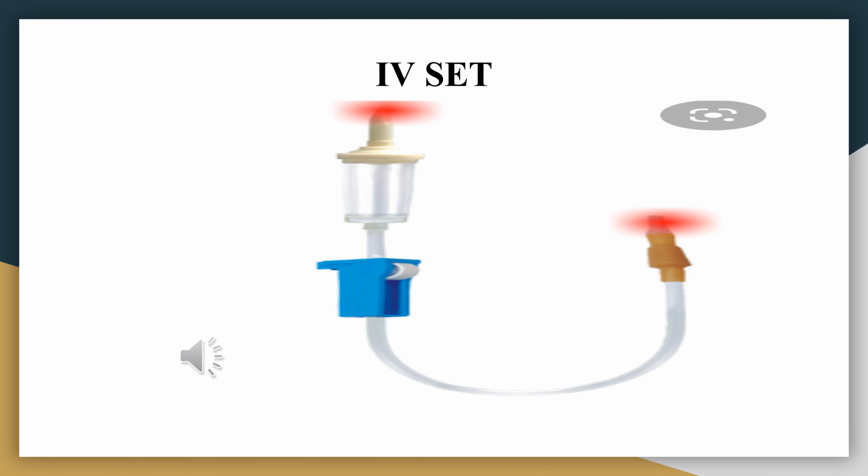This is an IV set, again here the spike and the luer connector is the key part. In Foley's catheter, again the tip of the catheter and the urine drainage port is the key part, as spotted red in the picture.